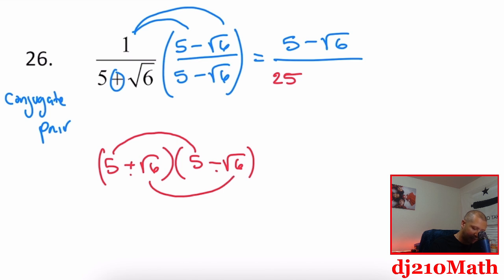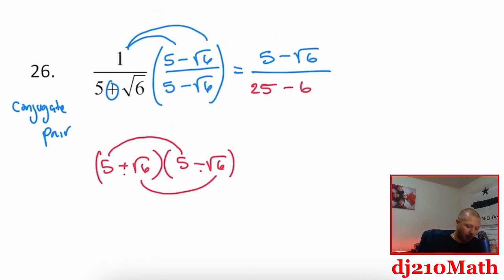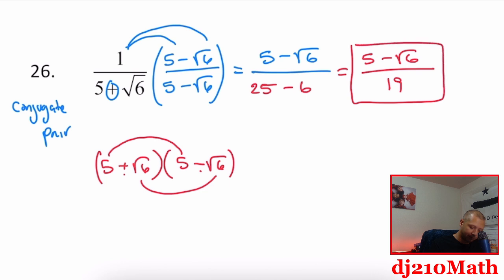Root 6 times negative root 6 is negative 6. Now, I'm not even going to do the other two because I know they're going to cancel. They're guaranteed to cancel because they're conjugate pairs. So I'm going to leave it at that. So this is going to be 5 root 6 over 19.